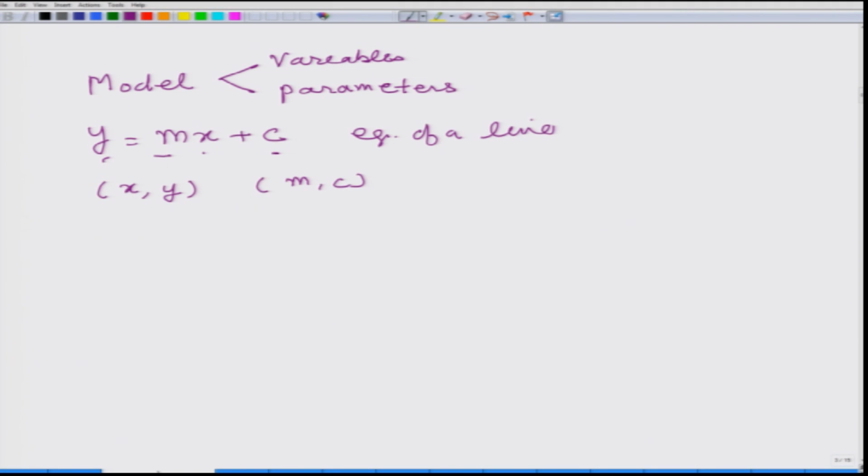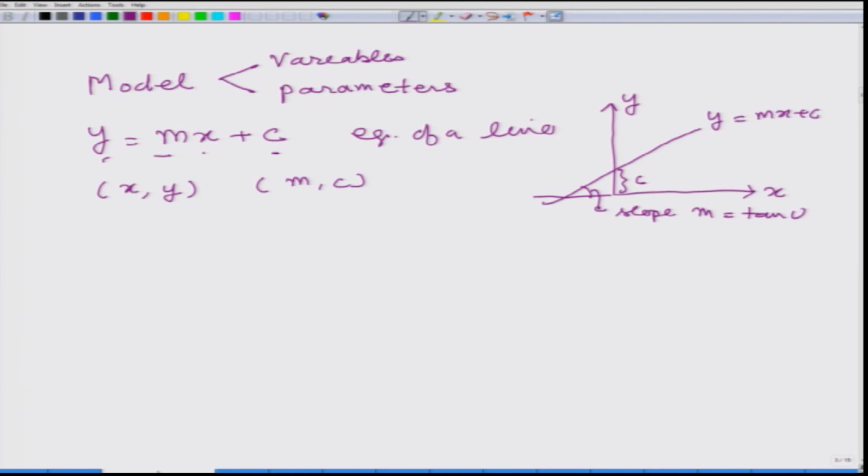We all know that if I try to draw this equation on a graph, this is my x axis, this is my y axis, and this is my line y is equal to mx plus c, and this distance is c, and this is the slope, which is represented by m is equal to tan theta. Right.